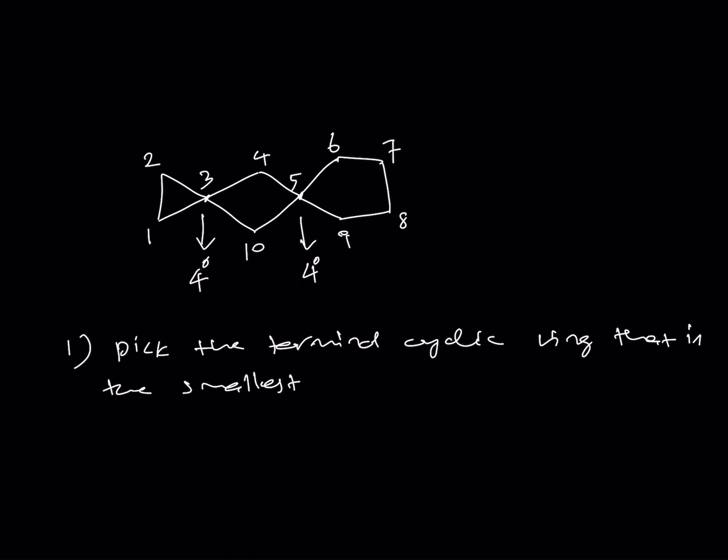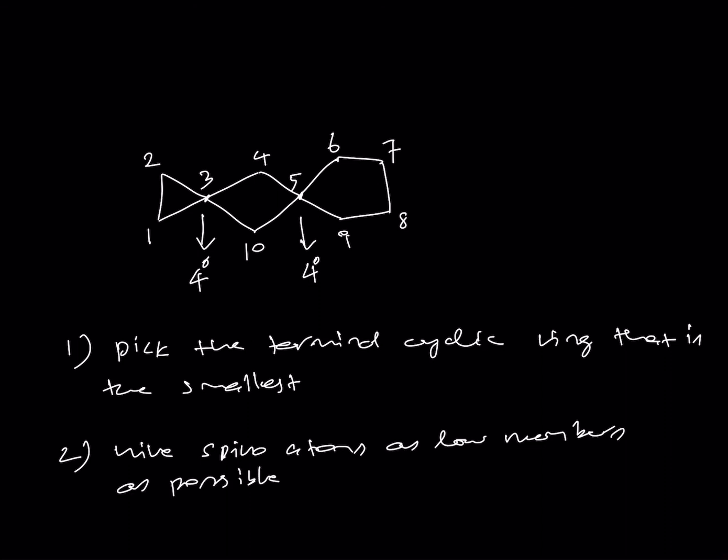And now the second point that you need to keep in mind is, give spiro atoms as low numbers as possible. We will discuss one example specific to that, but let us first work on this example.